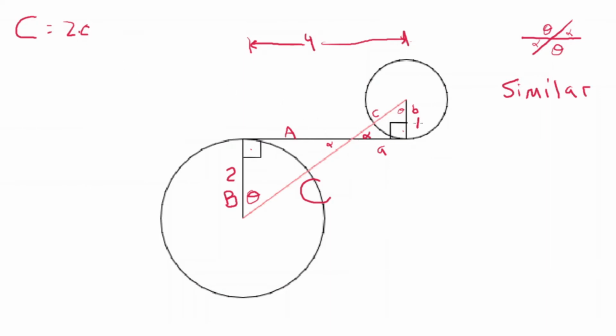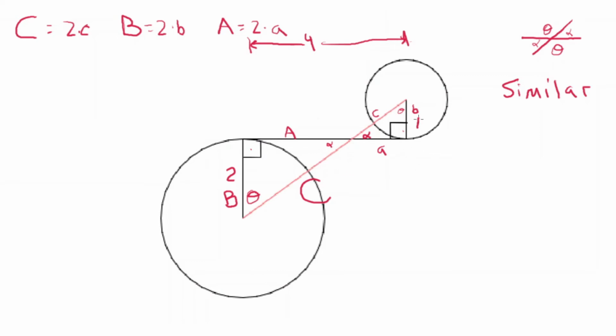The reason I know that is because right here I can see that little b is a 1 and big B is a 2. So really big B is 2 times little b. And I might as well write it down since I've come this far. Big A equals 2 times little a. Now, here's what I wish I knew.